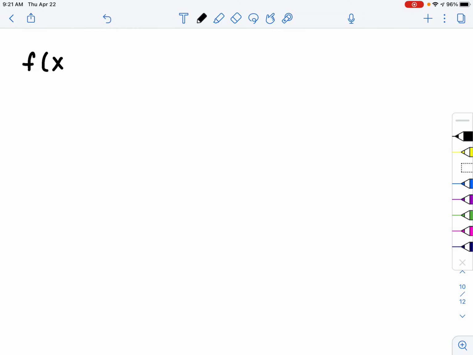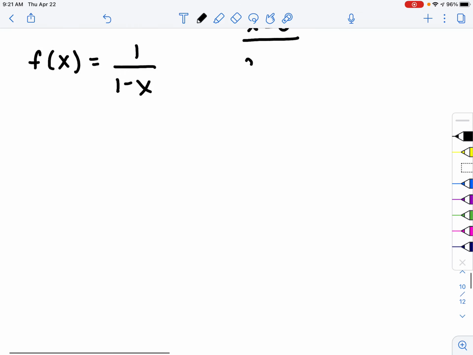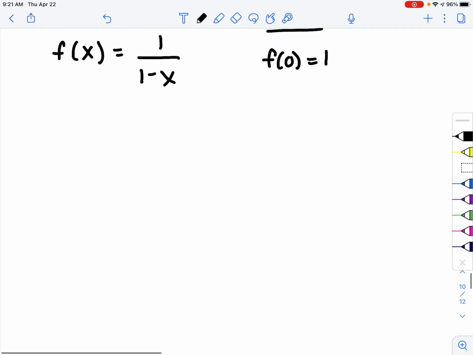We got f of x is 1 over 1 minus x, and I'm just going to make a little table here. If x is 0, f of 0 is 1. Now our derivative: I'm just going to quickly rewrite this as 1 minus x to the negative first power.